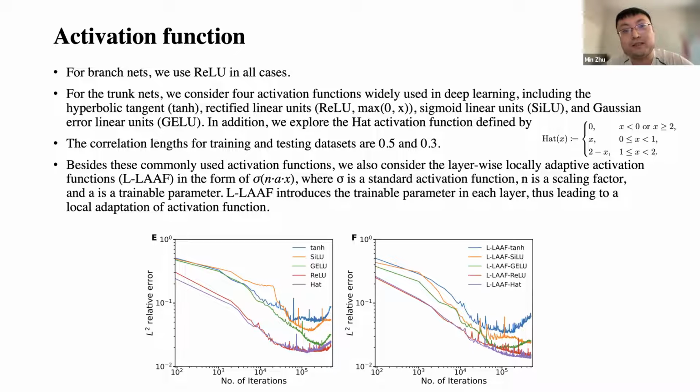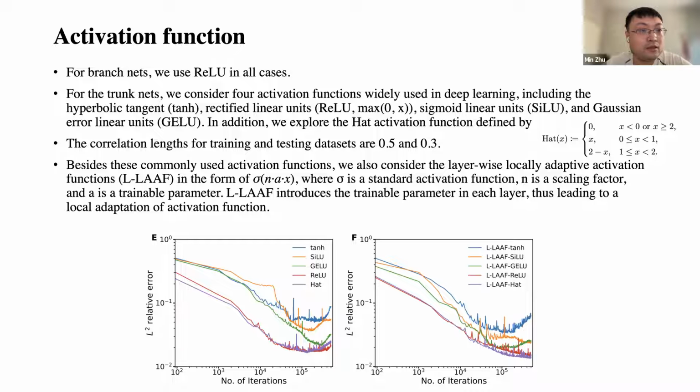The correlation lengths for training and testing are 0.5 and 0.3. In figure E, the ReLU and the HAT have similar results and outperform the rest of the activation functions. The GELU also presents satisfactory performance despite the overfitting after a certain number of iterations.